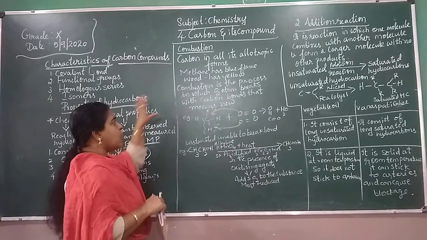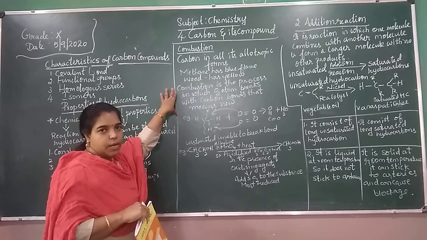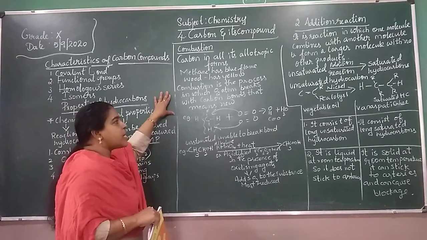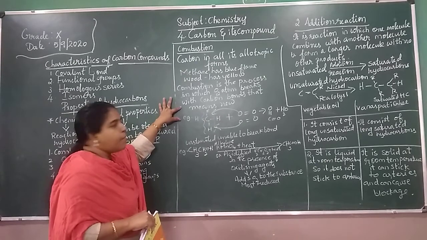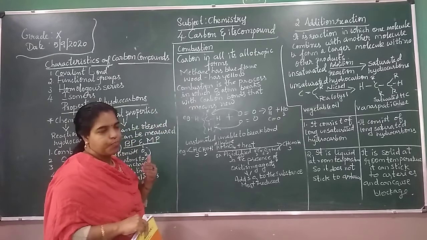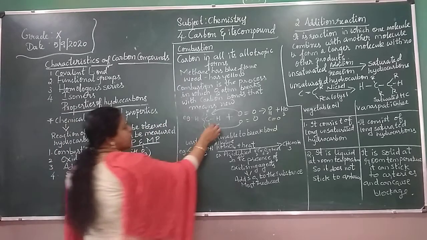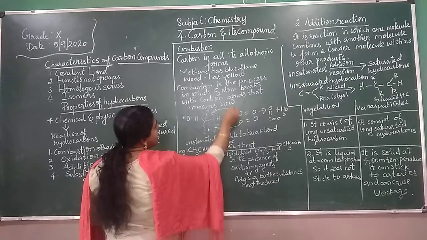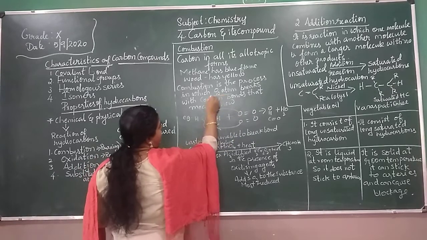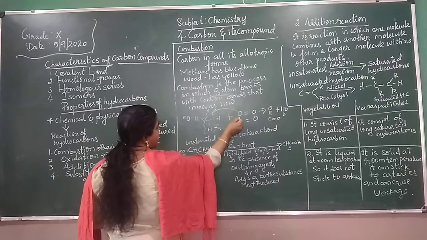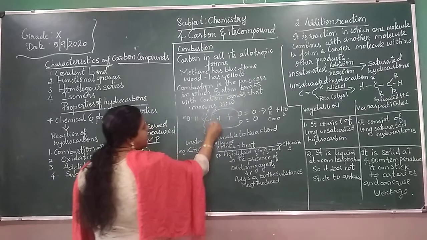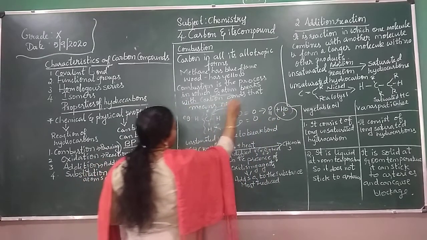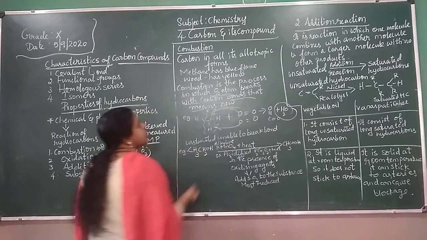I will first give the definition for combustion. Combustion is the process in which oxygen atoms break the carbon bonds, forming new bonds. For example, here is methane. If methane reacts with oxygen, what will happen? Here the oxygen atoms will break the bonds and combine to form water and carbon dioxide, that means new atoms form.